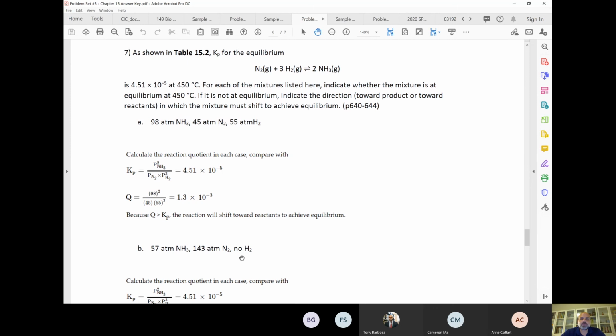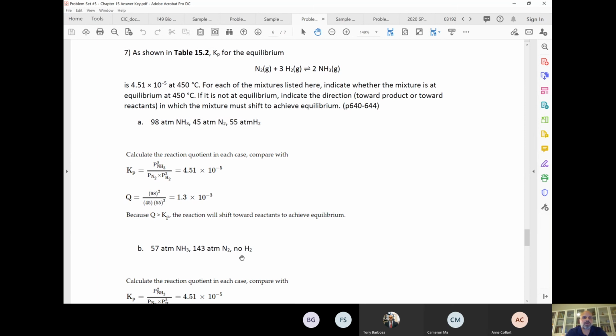If it is not, indicate the direction toward products or toward reactants in which the mixture must shift to achieve equilibrium. So we're starting off first with 98 atmospheres of ammonia, 45 atmospheres of nitrogen, and 55 atmospheres of hydrogen.